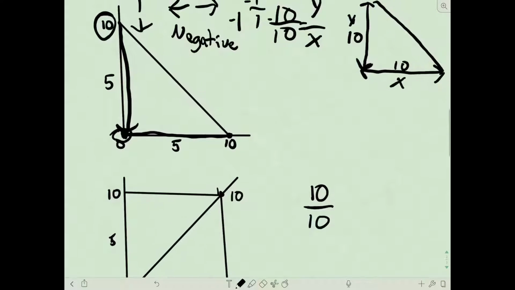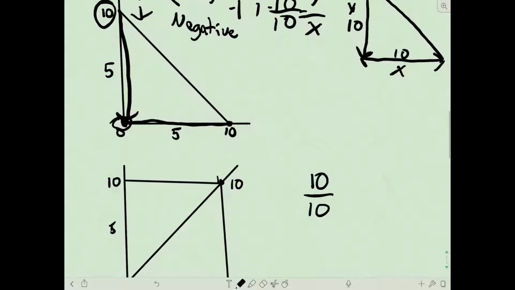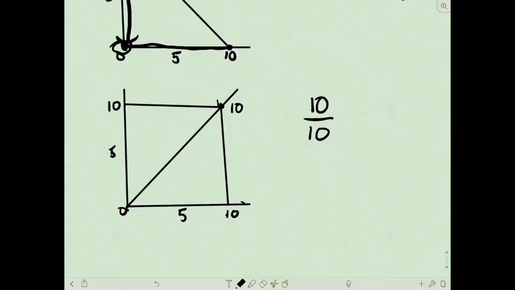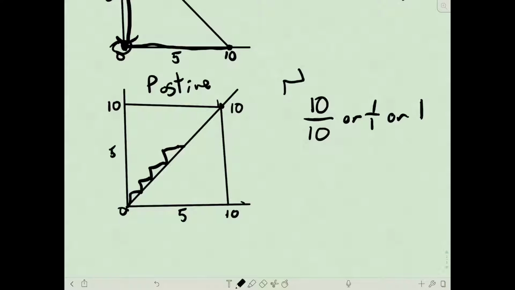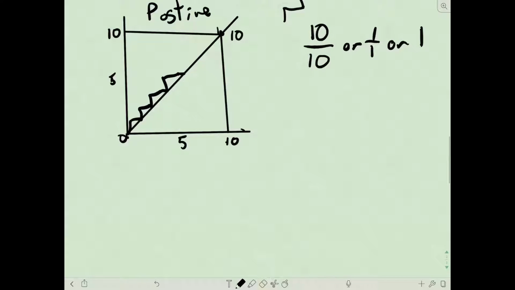So these two both are 10 over 10, but this one's positive. Left to right, it's like walking up the stairs we talked about. It's going up, so it's positive. So 10 over 10, or 1 over 1, or 1 is the slope. Technically, it is just 1, but it's nice to think of it as 1 over 1, up 1 over 1, up 1 over 1, etc.